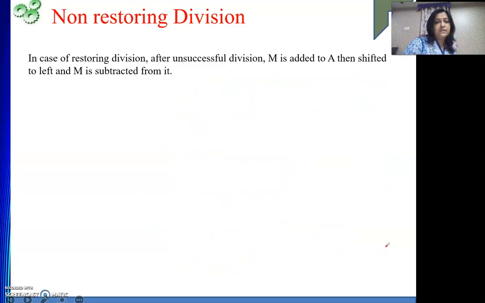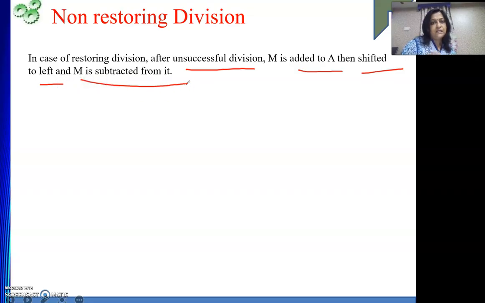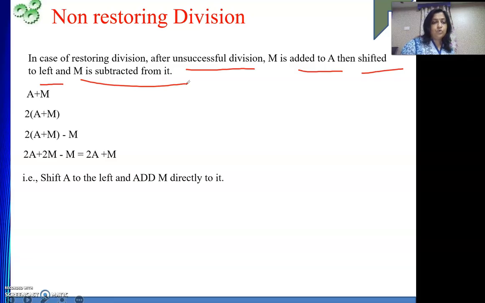In case of restoring division, after an unsuccessful division, M is added to A, then shifted to the left, and M is subtracted from it. This is the sequence of events that takes place. So A plus M, then shift, then subtract M. This is nothing but twice A plus M. So we can shift A to the left and add M directly to it.